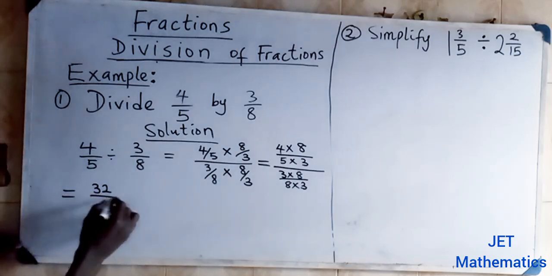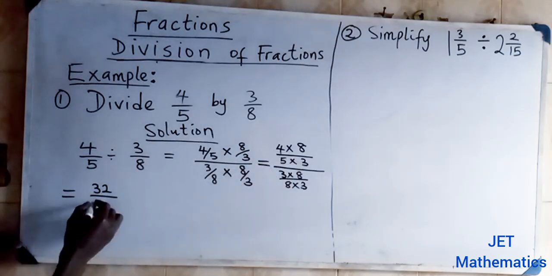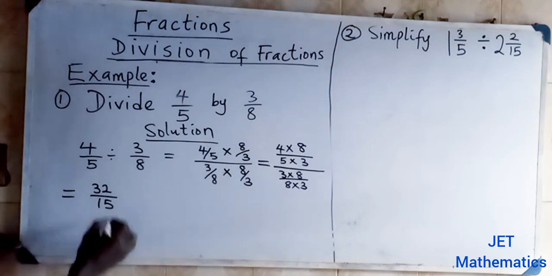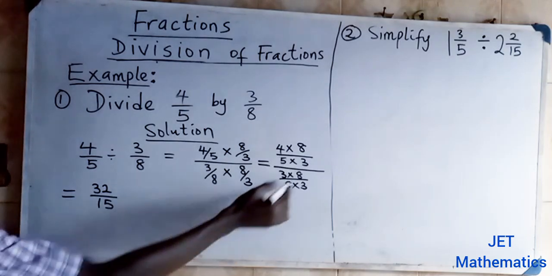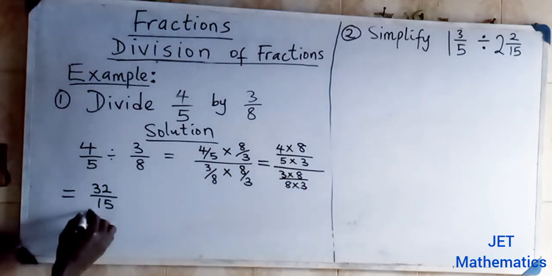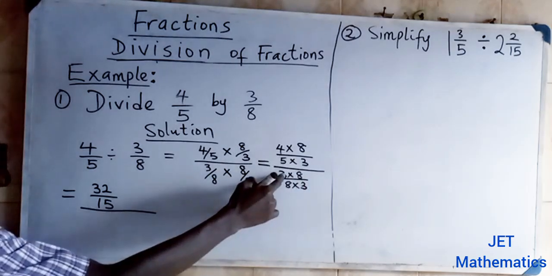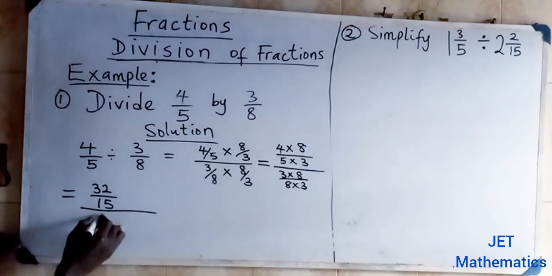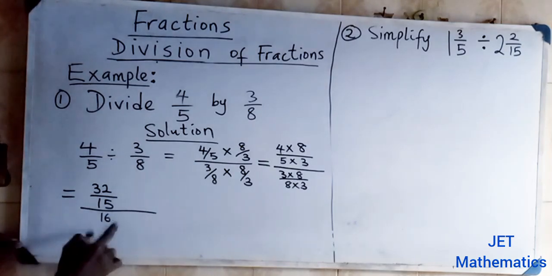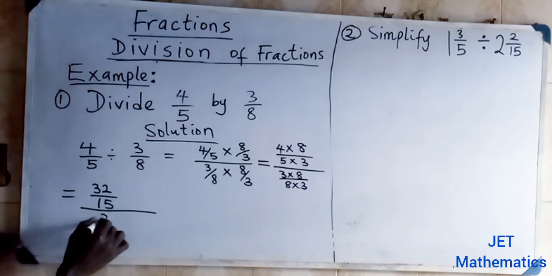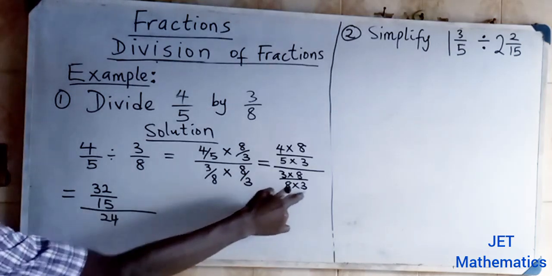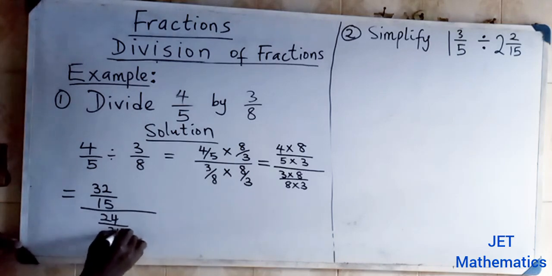Then 5 times 3 is 15. Then the denominator is reduced to 3 times 8 is 24, and 8 times 3 is also 24.